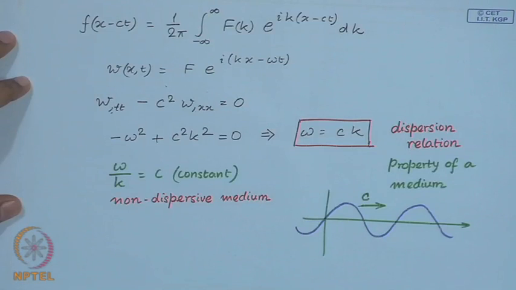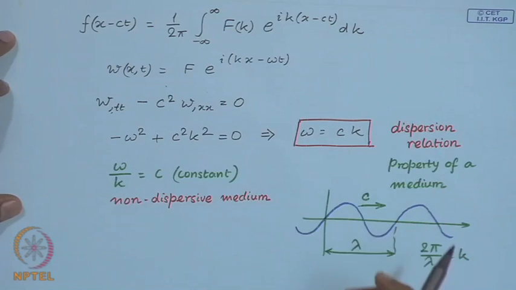There is a definite length lambda, and 2 pi over lambda is the wave number, and there is a definite frequency associated.